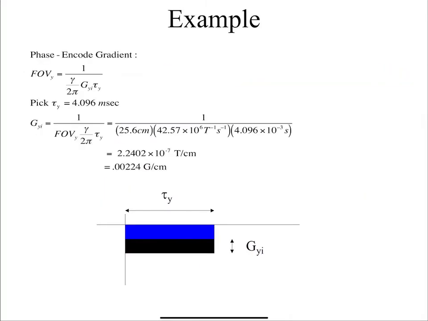So let's do an example. Here, the field of view we were given was 24 centimeters, right? You're also given tau sub y equals 4 milliseconds, and then you just solve for g sub yi. In this case, you get a very small gradient, like 0.00224 Gauss per centimeter. And that's very standard for these phase encode gradients because remember, you're just incrementing a little bit at a time.